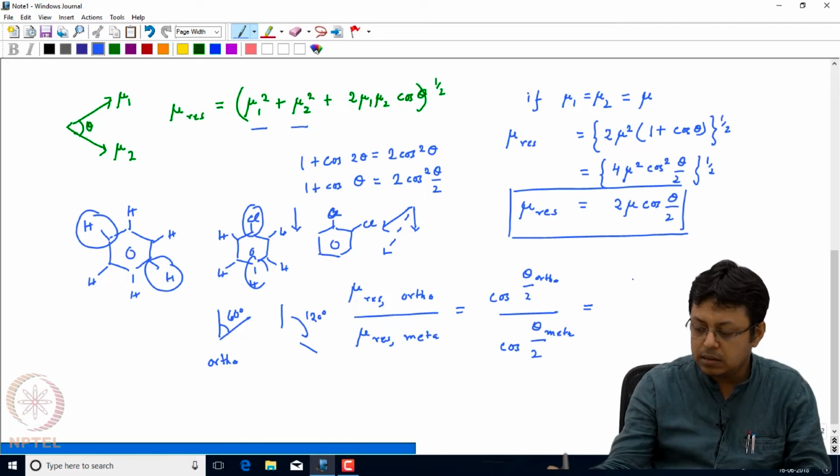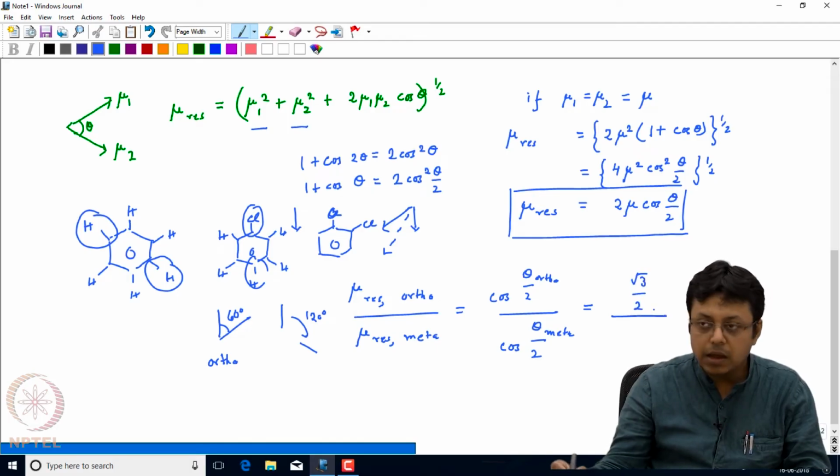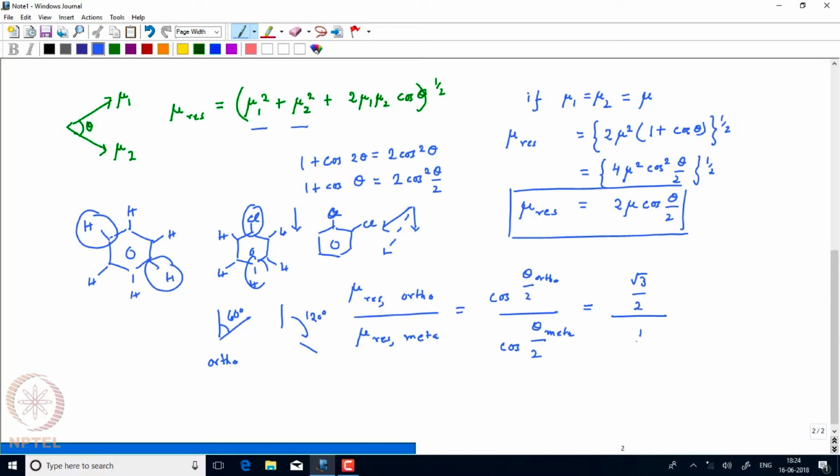So cosine 30 degrees is root 3 by 2, divided by cosine 120 degrees by 2, which is cosine 60 degrees, which is 1 by 2. So, overall we have the ratio as root 3, which is about 1.7, and this again follows from the vectorial addition of dipole moments, because dipole moments are vectorial in nature.